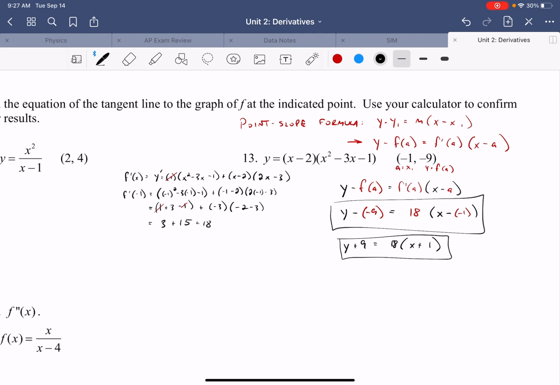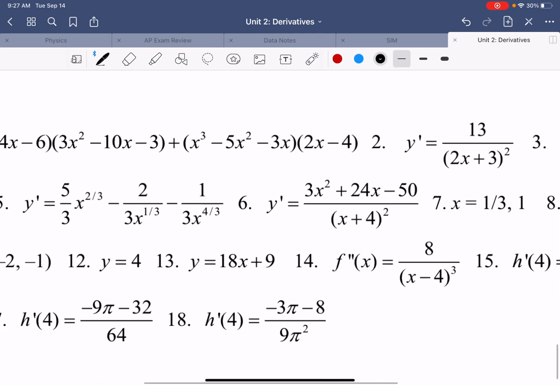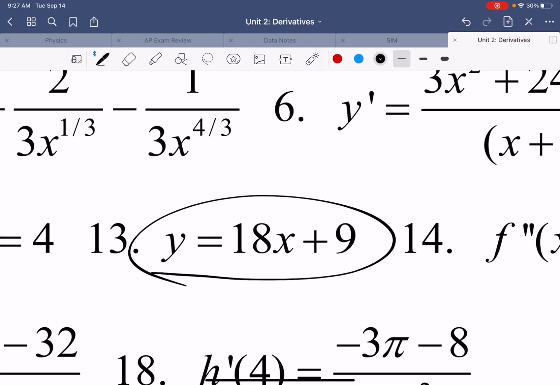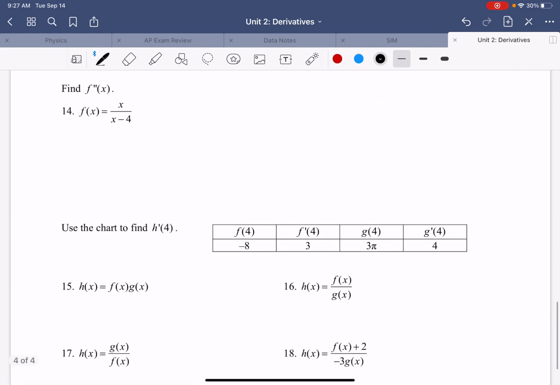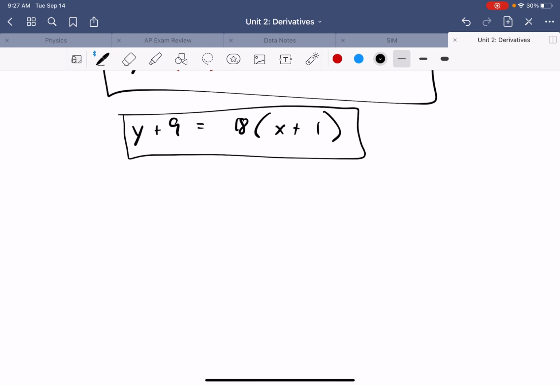So let's look to see if we got that right. 13 actually has it solved for y. So let's do that and make sure that we have the same answer. So if I want to solve this for y, then I need to subtract 9 on both sides. And also I need to distribute the 18.